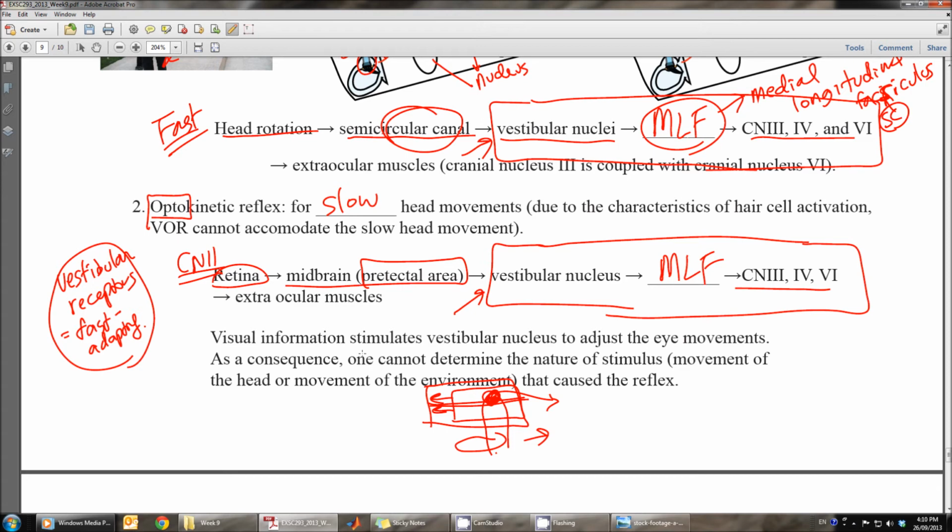This is caused by activation of the optokinetic reflex, which is activated by the visual information. This type of illusion is also known as vection, an illusion of movement created by the optokinetic reflex. And this is because the vestibular nuclei get input from both the semicircular canal or otolithic membrane and also the pretectal area, which carries the visual information.